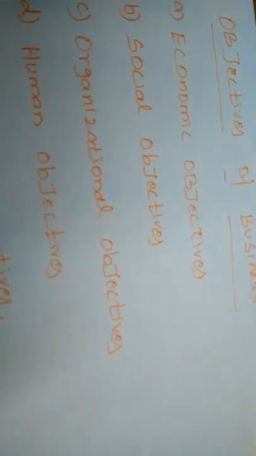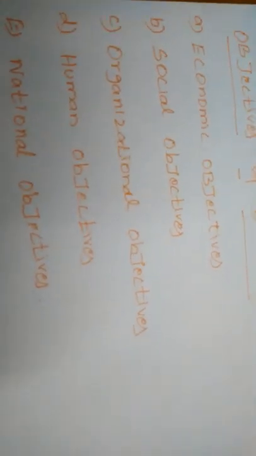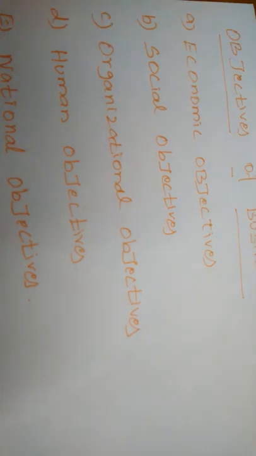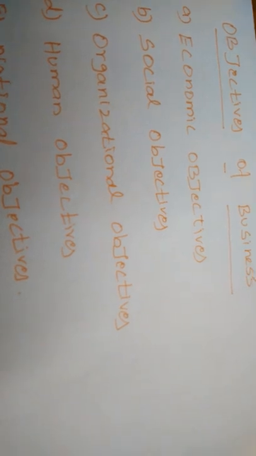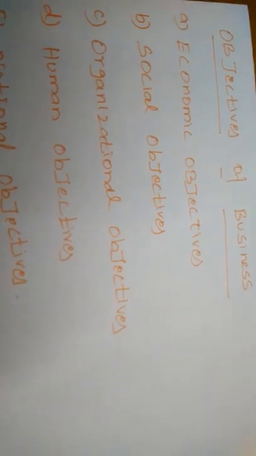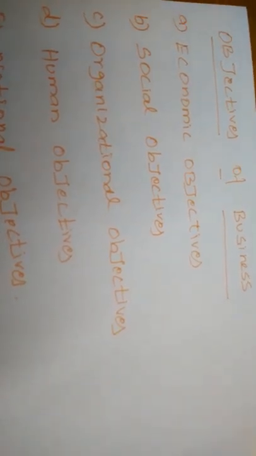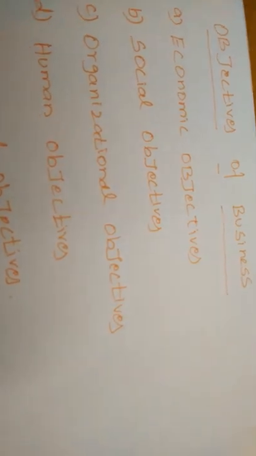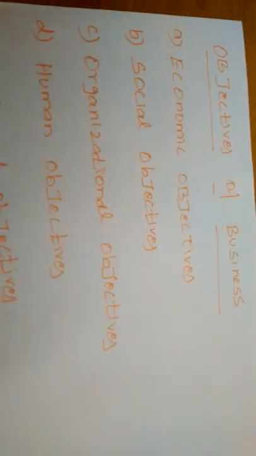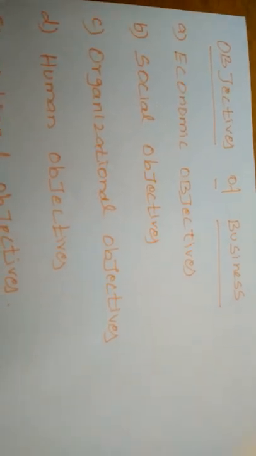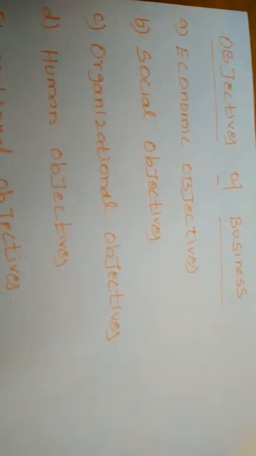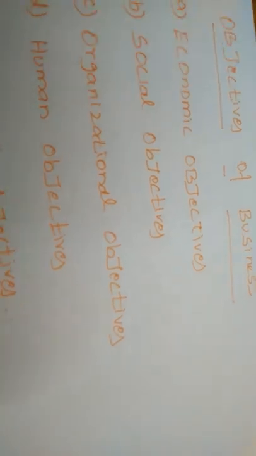Even when we have more demand for commodities, we should use the resources in the optimum way. So in the economic objectives, innovations, the possible use of available resources, and the creation of customers also come.